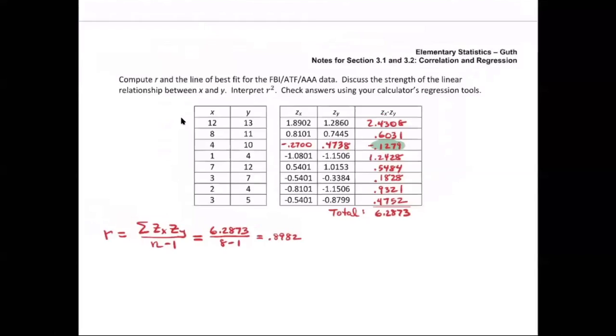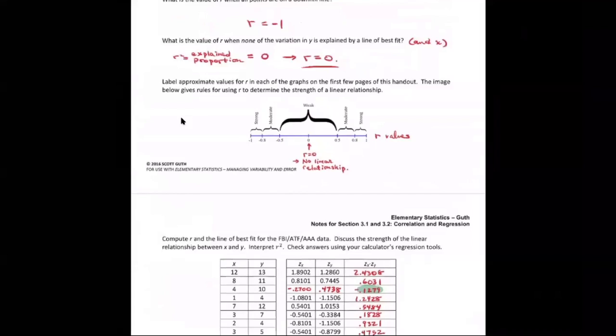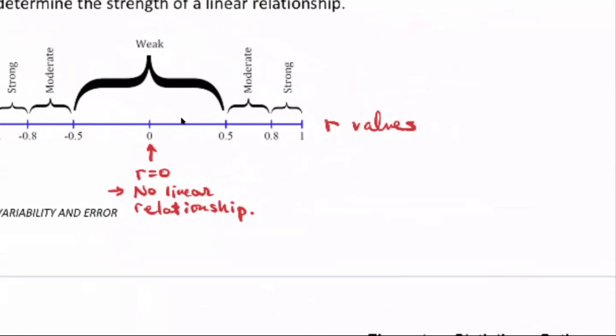Okay, and notice if you go back up here, 0.8982 is like right in the middle here. 0.8982 is our R value.